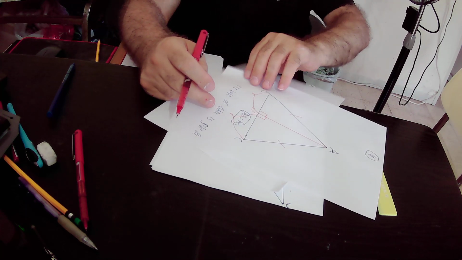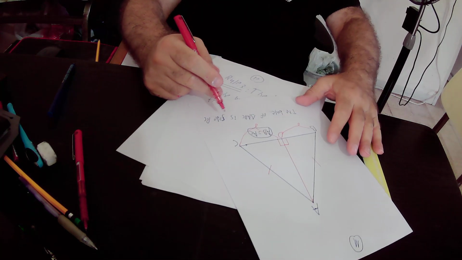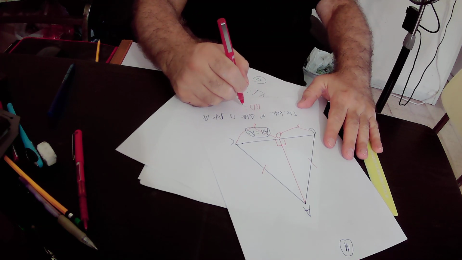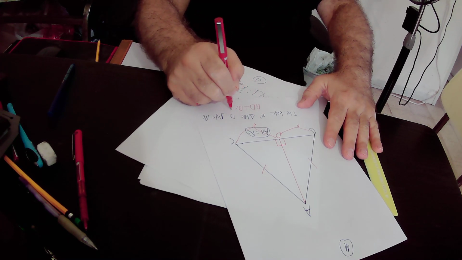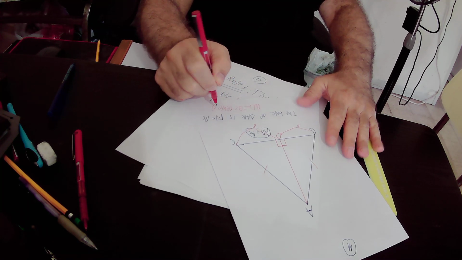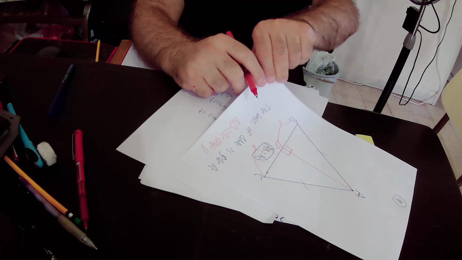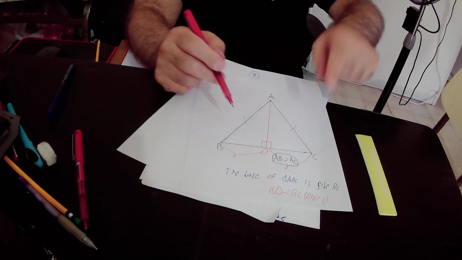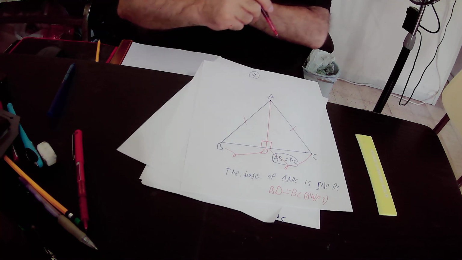BD equals DC according to rule number 3.